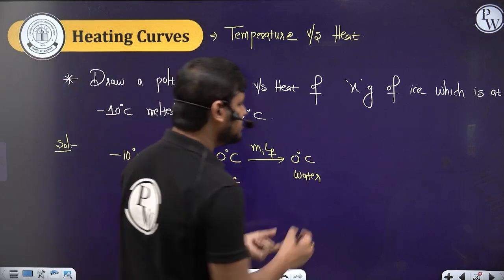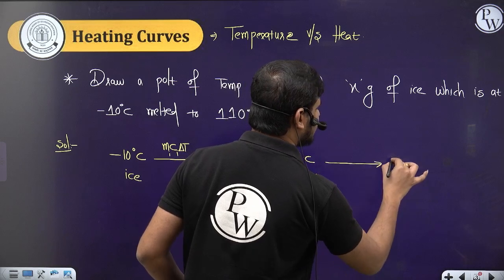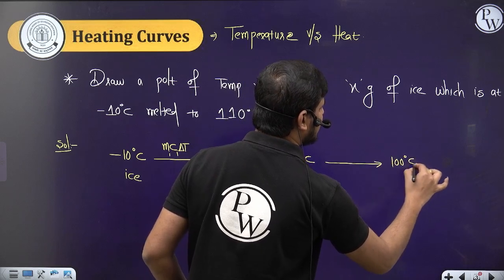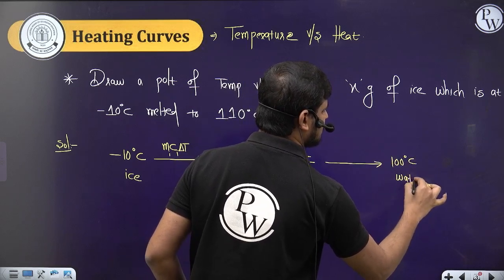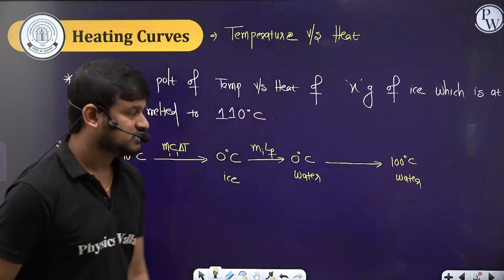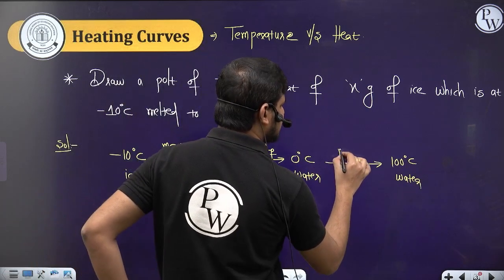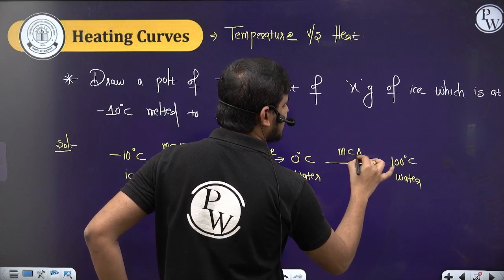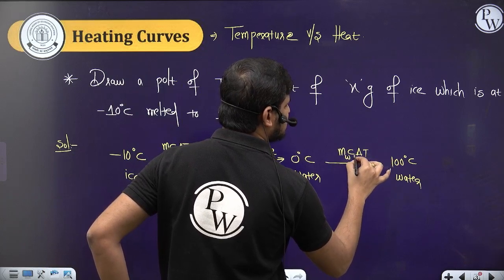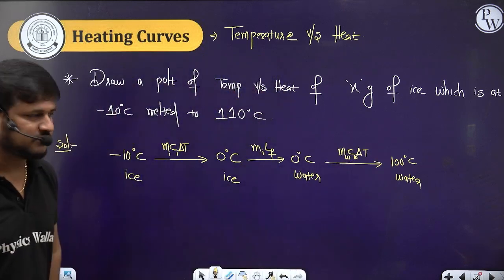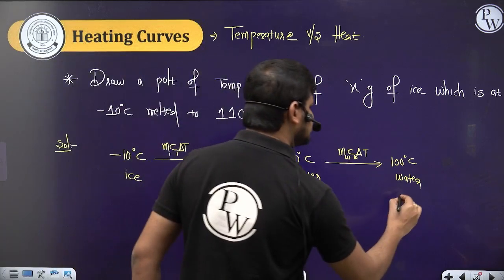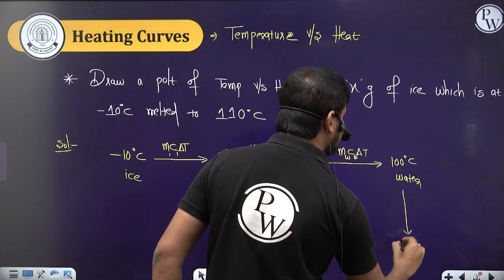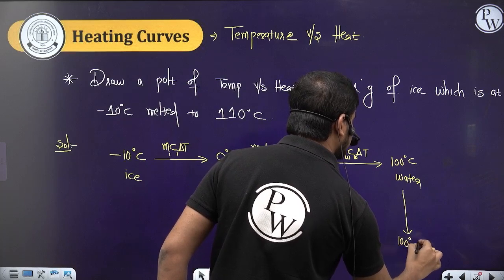Next, from 0 degrees centigrade the temperature changes to 100 degrees centigrade, again water. Here the heat is m c delta T again: mass of water into specific heat of water into delta T. Now at 100 degrees centigrade, water will become steam at the same temperature, 100 degrees centigrade.